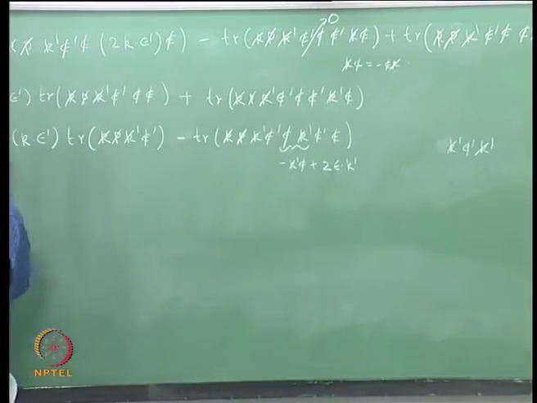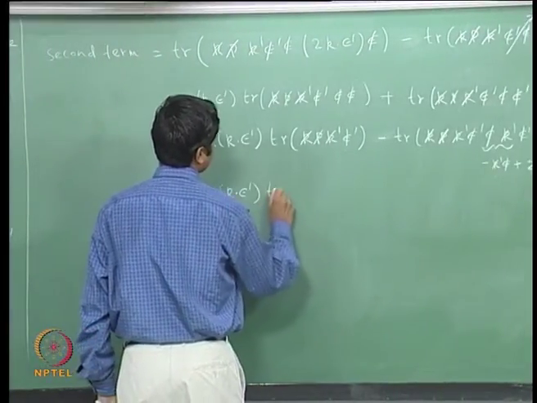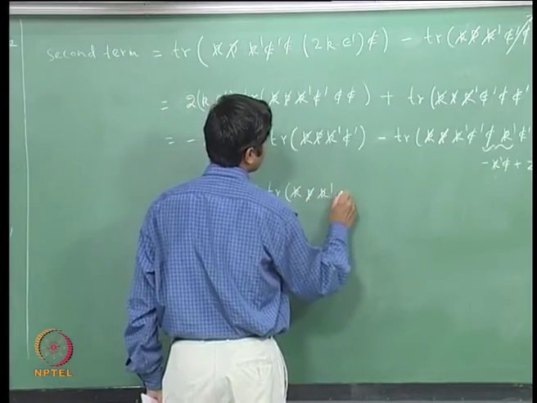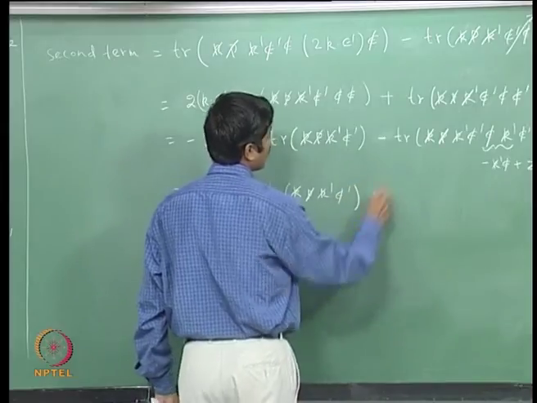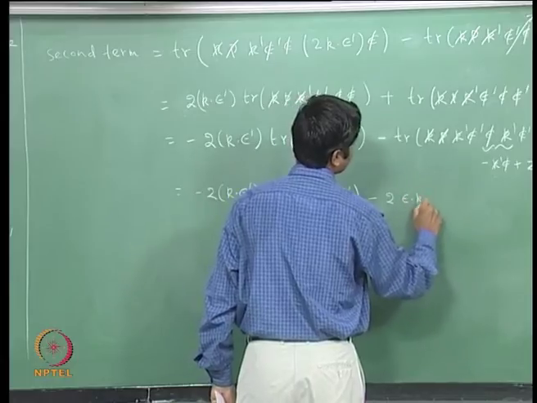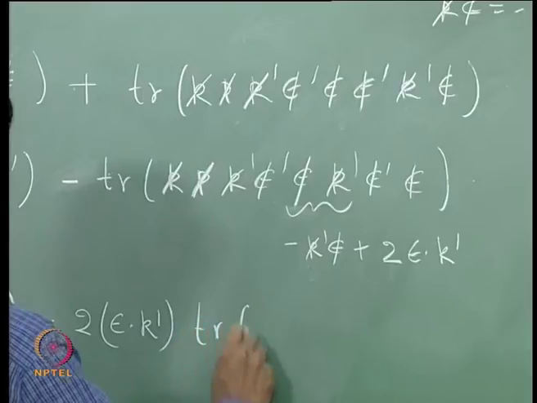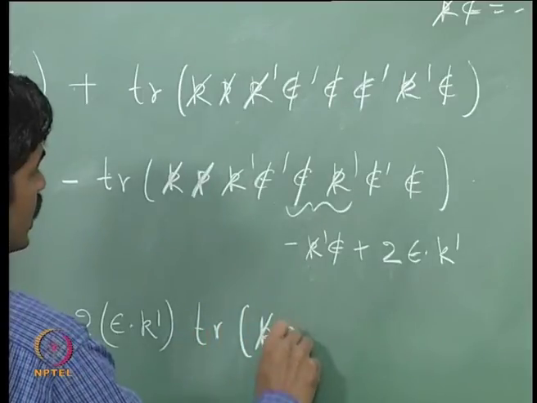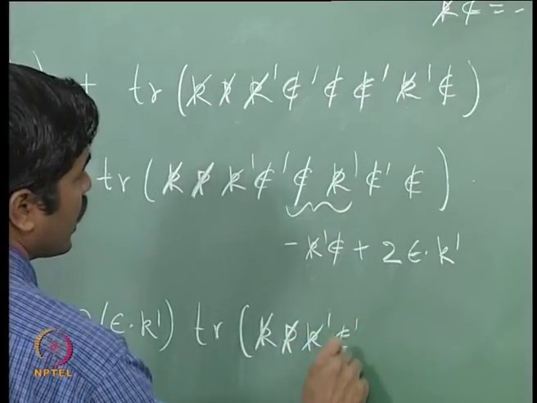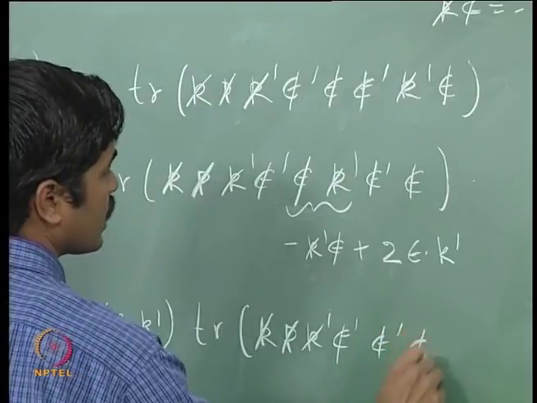So, what you get is minus twice k dot epsilon prime trace of k slash p slash k prime slash epsilon prime slash, and here you have minus twice epsilon dot k prime times trace of k slash p slash k prime slash epsilon prime slash, and here again epsilon prime slash epsilon slash.